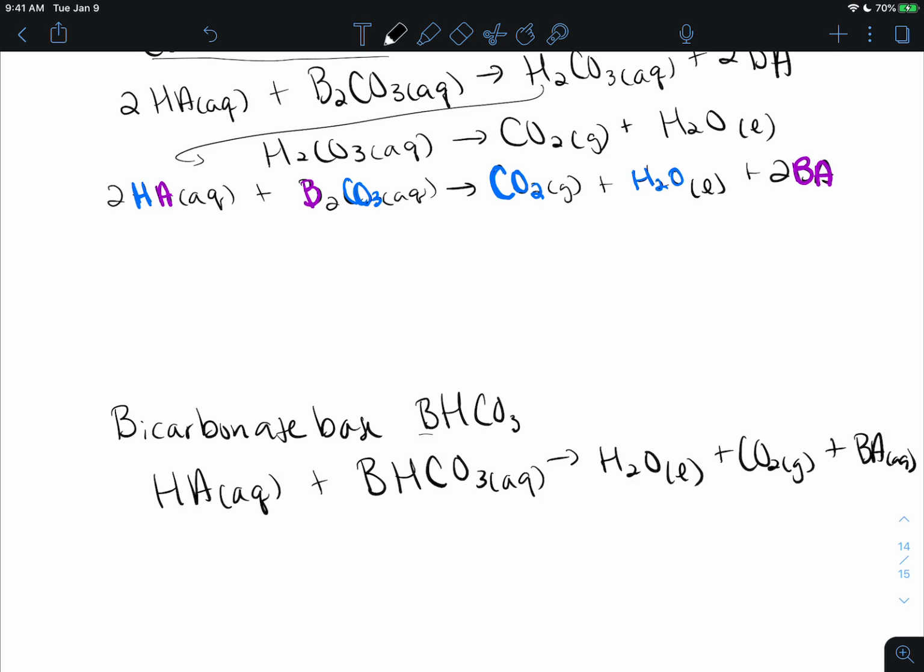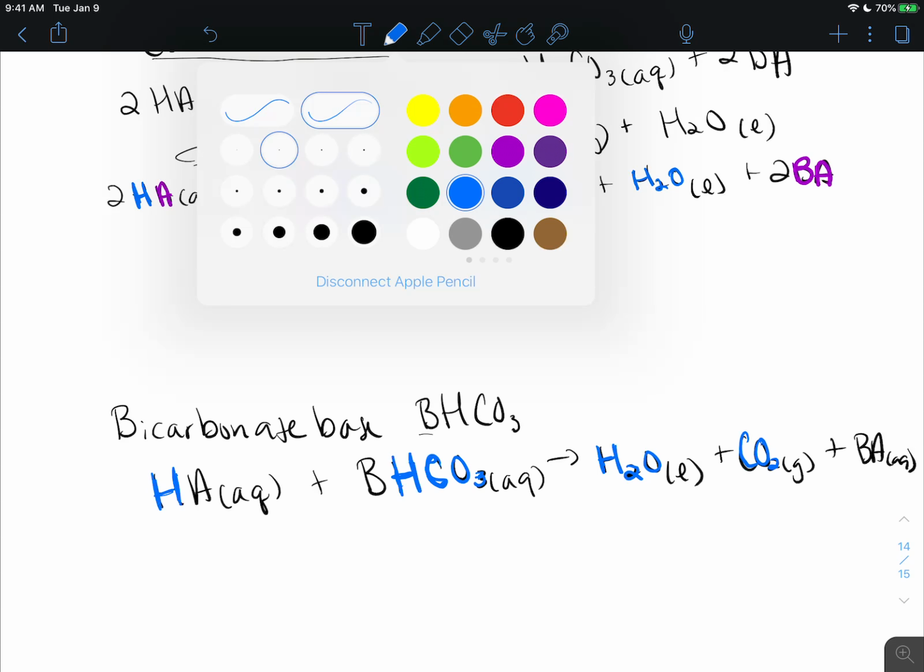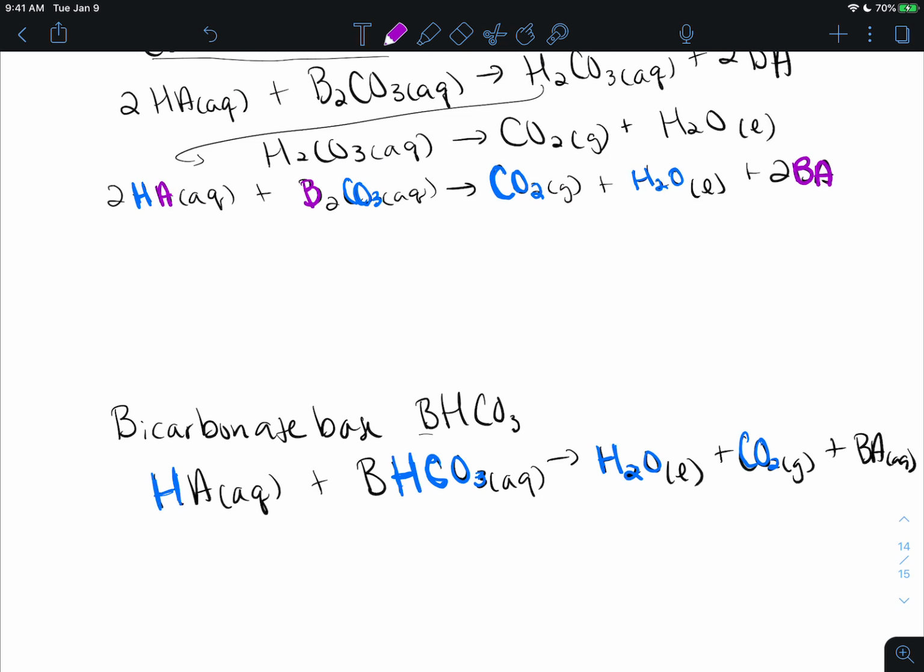Okay, so we've again got hydrogen, but now we've got this hydrogen as well, and the carbonate combining to produce our water and our carbon dioxide. What's left over is our salt.